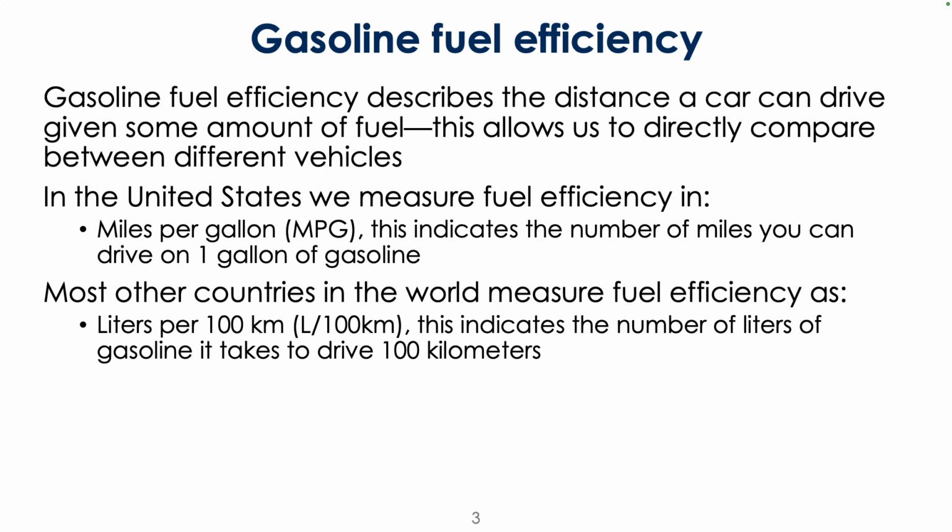This is an indicator of the number of liters of gasoline it takes to drive 100 kilometers. So technically there's equivalence between these two things, but there's an important principle here to think about. So I'm going to do a little example right now.